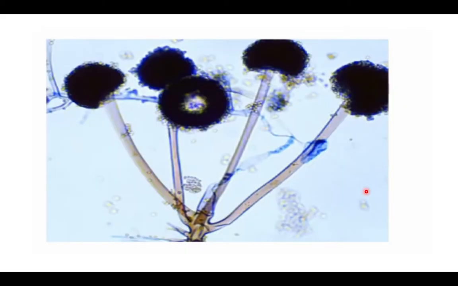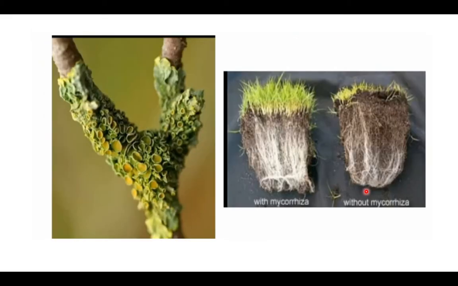And next you see, this is mold. Okay, so it is living over dead and decayed organisms. In that way, this is saprophytic. Yeah, this is a symbiont, that is lichen, symbiotic in nature. Fungi and algae living together.